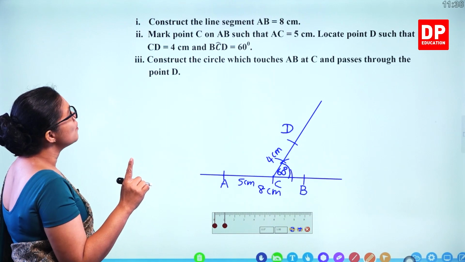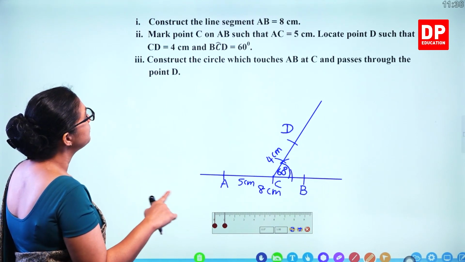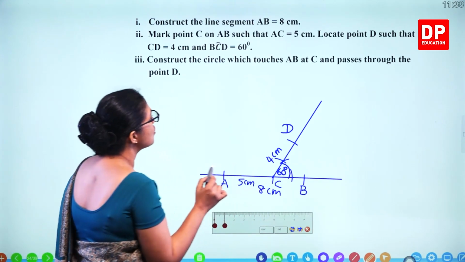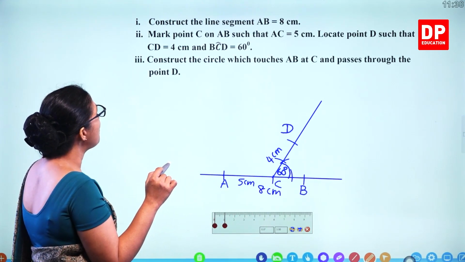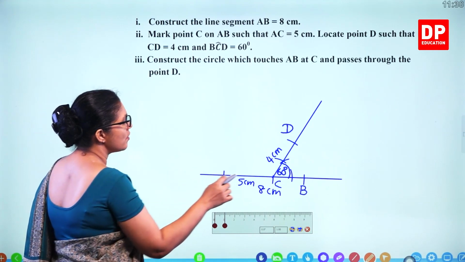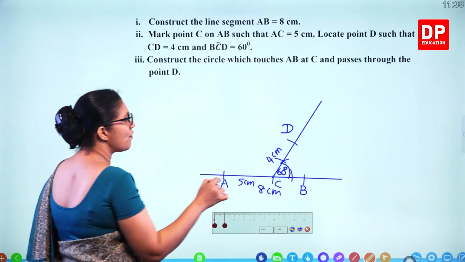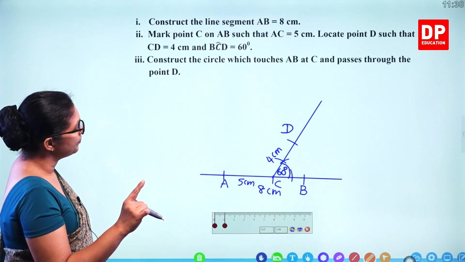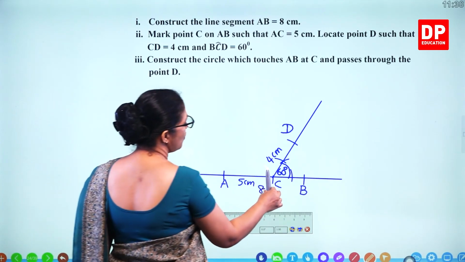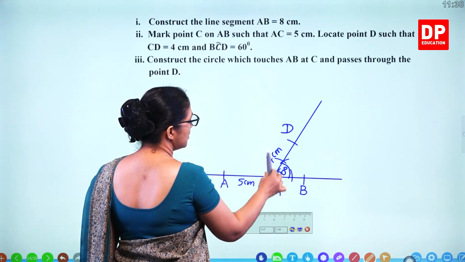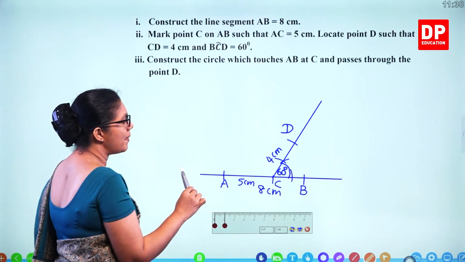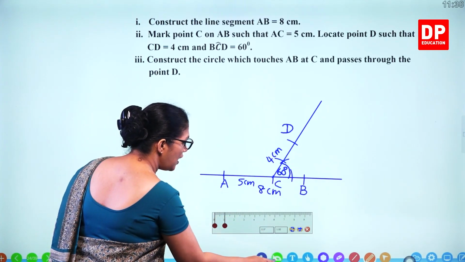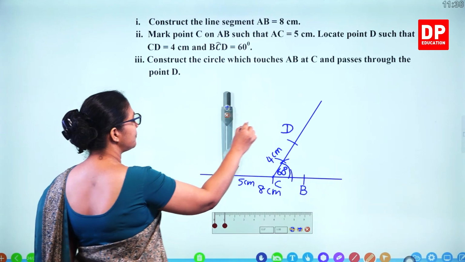Construct the circle which touches AB at C. So here it touches this point and passes through the point D. That means we have to find the perpendicular bisector. Along C we have to draw the perpendicular, and the perpendicular bisector for CD. So we need the compass for that.